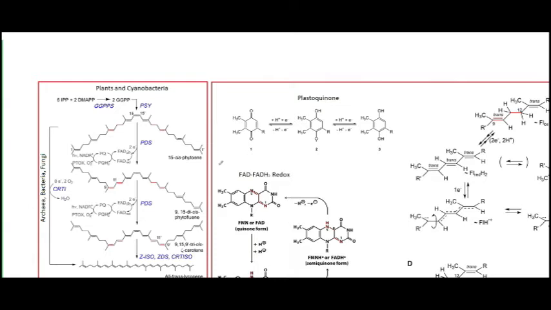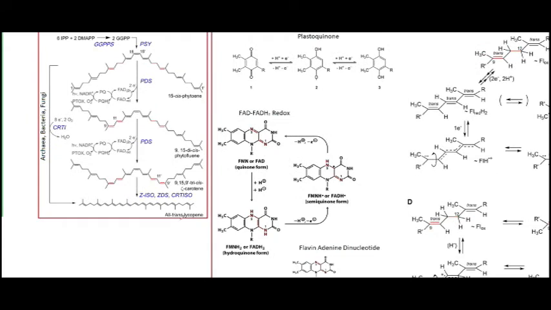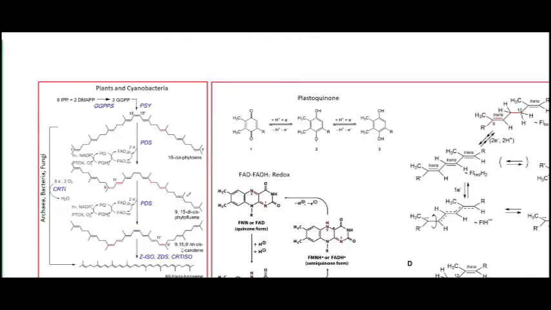So there are actually 2 different ways this can happen. So archaea, bacteria, and fungi actually use a single enzyme to take this phytoene and turn it into the all-trans lycopene. And so plants, which would be things like your carrots and your spinach and the things that we usually get vitamin A from, and cyanobacteria, which are photosynthetic bacteria, actually go through this more convoluted process here.